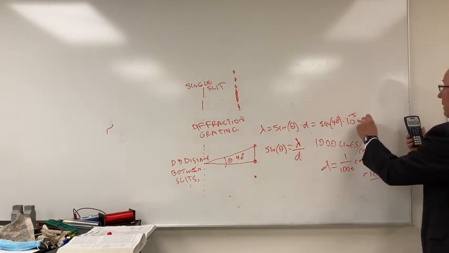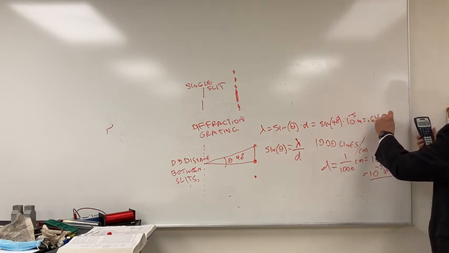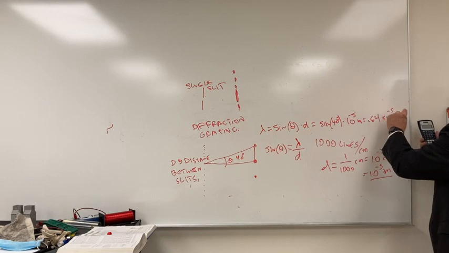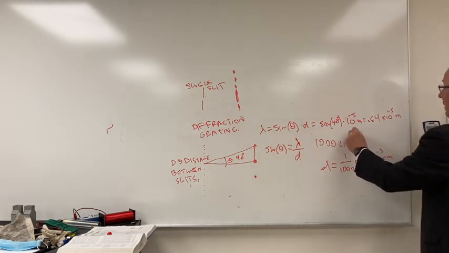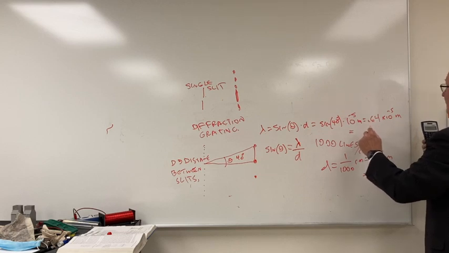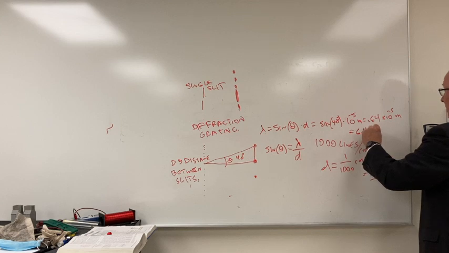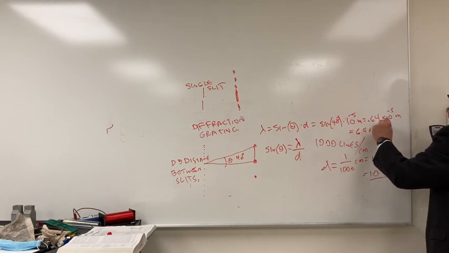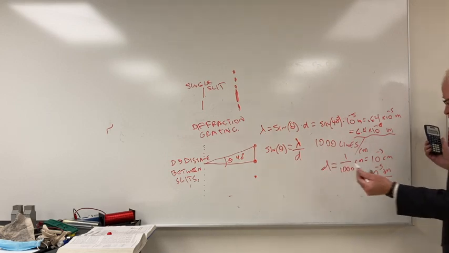Which would be 0.64 times 10 to the minus 5th meters, which would be 6.4 times 10 to the minus 6th meters. All right, so that's what the wavelength would be.